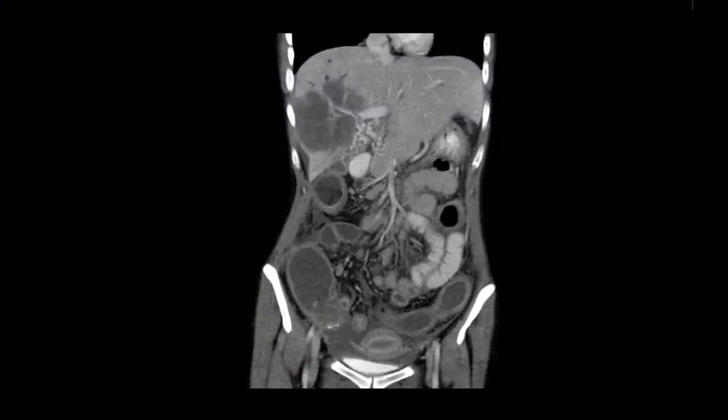I am provided with a coronal CT image, arterial phase, in which I can see an ill-defined hypodense area in the right lobe of the liver. It is not showing enhancement on the arterial phase.